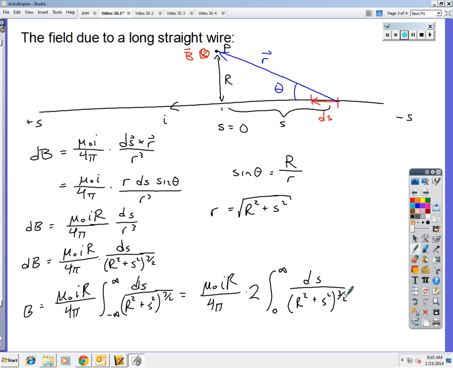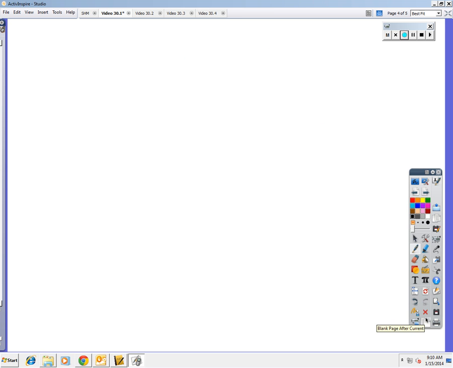And now to evaluate this integral, we'll make a new slide. I'll write it down. B equals mu naught IR. Combine those factors of 2. Now, this is an integral that is found in the back of your book, or in the front cover of your book.